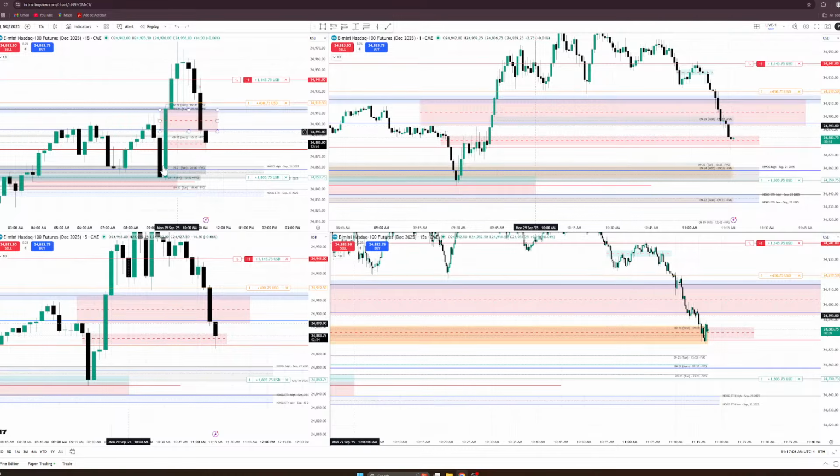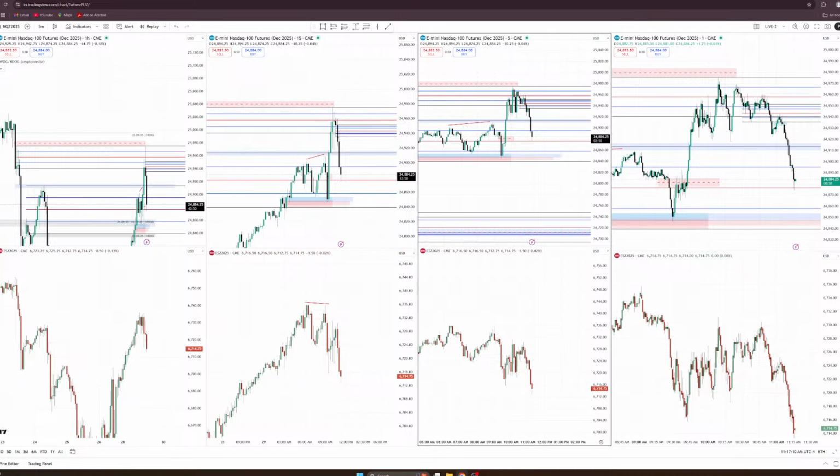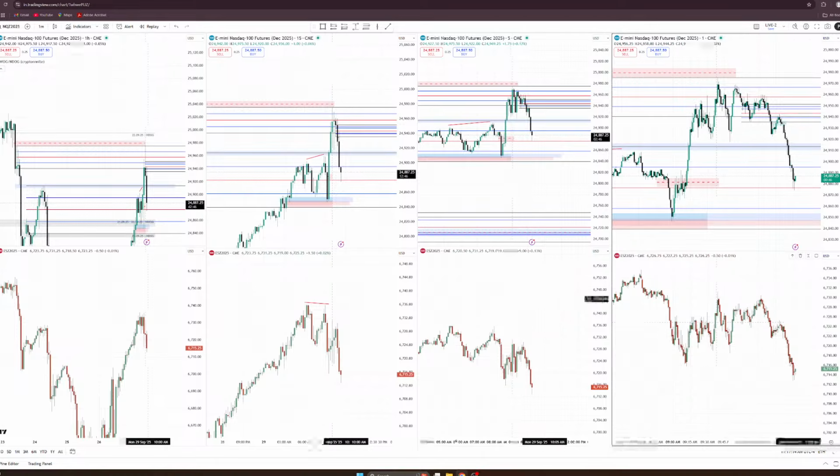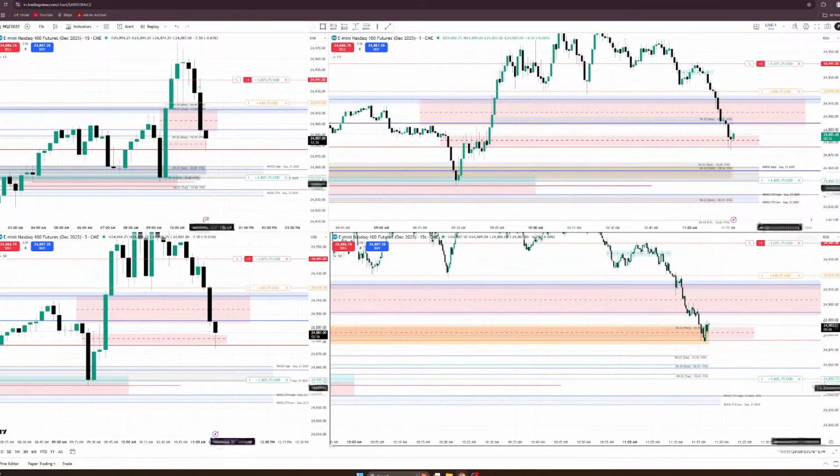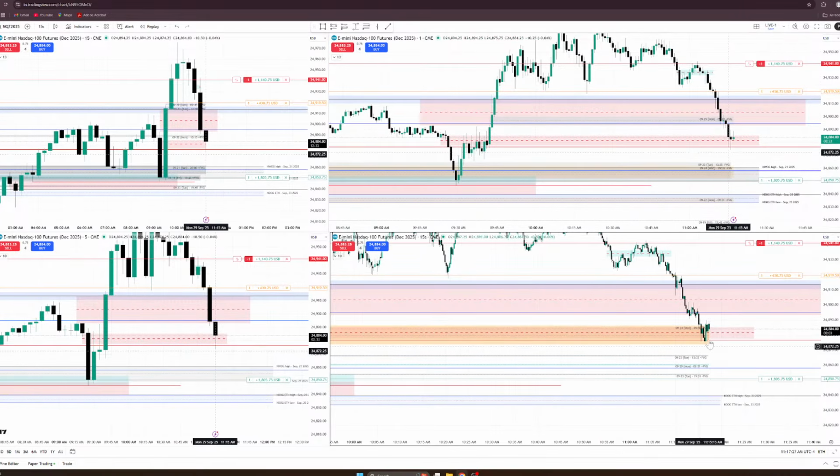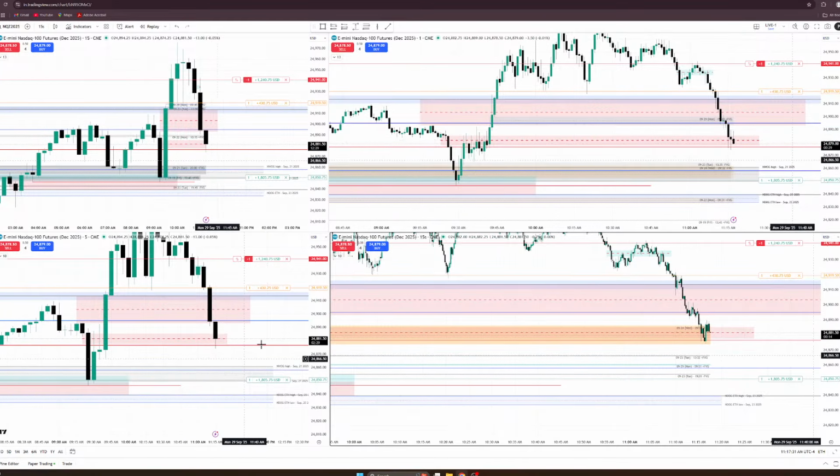So this entire thing was manipulation, guys, in the Nasdaq. ES, we can see ES is very weak. ES is already breaking down. ES is very weak. Again, we are seeing a little bit of reaction from this midpoint, guys, since this is the daily premium wick.